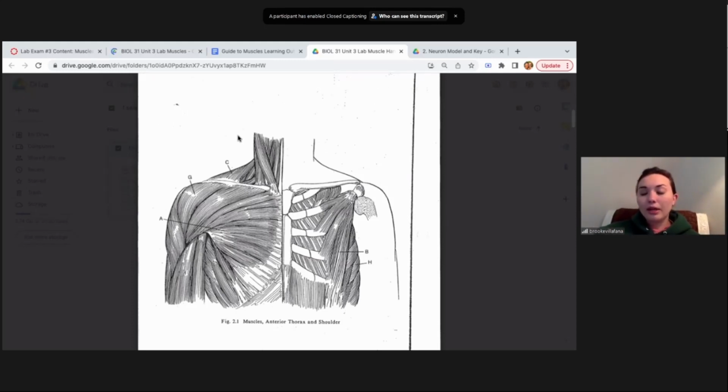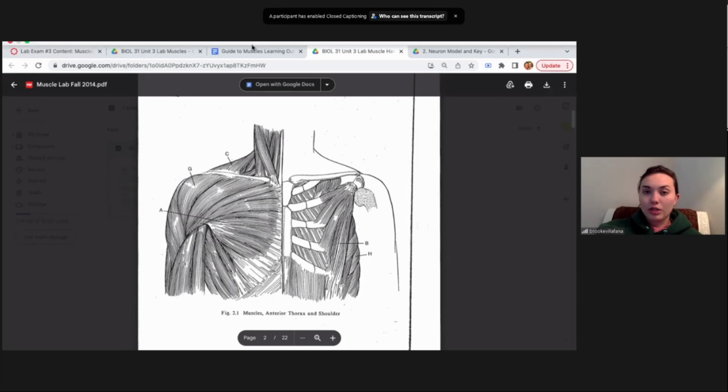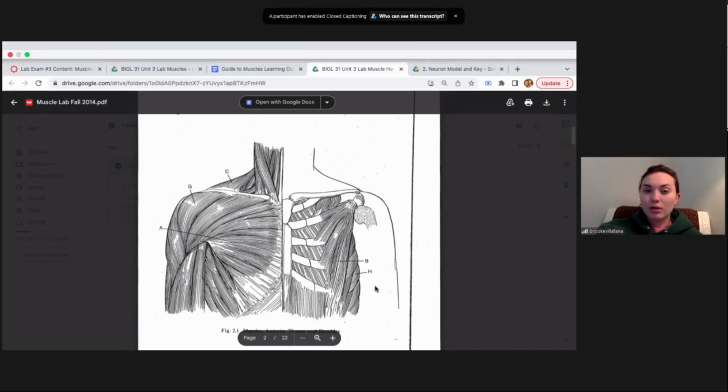They'll be colored in, and you'll have these exact pages to reference, and you'll be tested on labeling these. The letters will be whited out on the exam, and you won't be able to see the letters. You'll have the muscles colored in, and then we'll ask you to identify the colored muscle for the lab exam, right? So you're just writing down origin, insertion, action, innervation for each muscle for points.